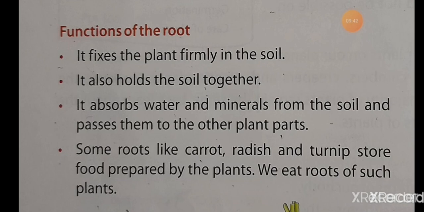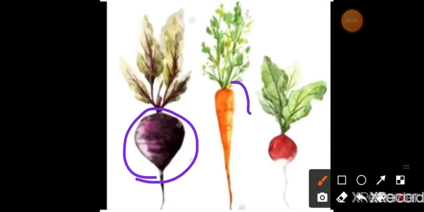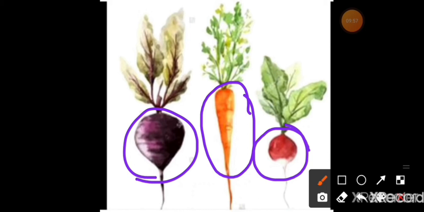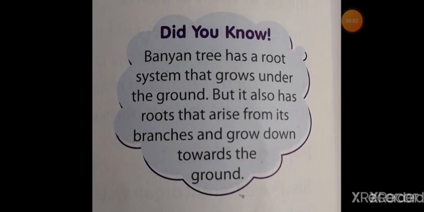We can see here, these are examples of such roots: beetroot, carrot and turnip. They store the food which is prepared by their plants, and we eat the roots of these plants.